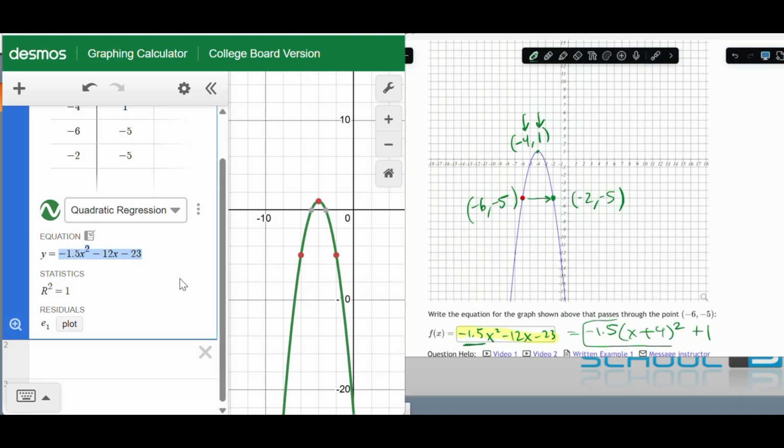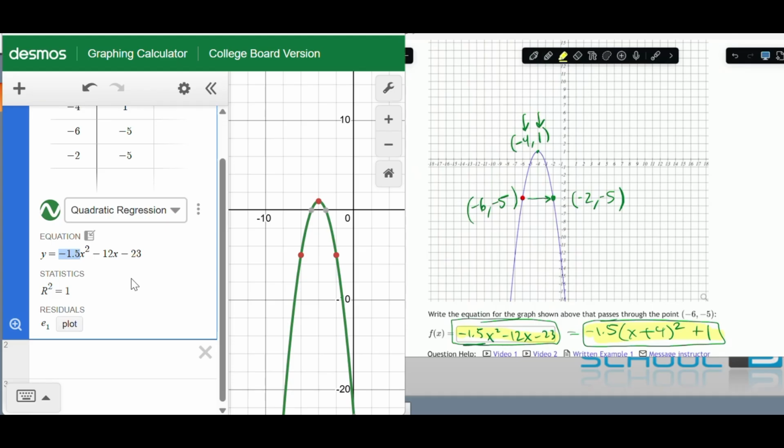And so this would be a secondary equation that would also work. So if they give you a specific form that they want, you can just use the regression to find the a value here.